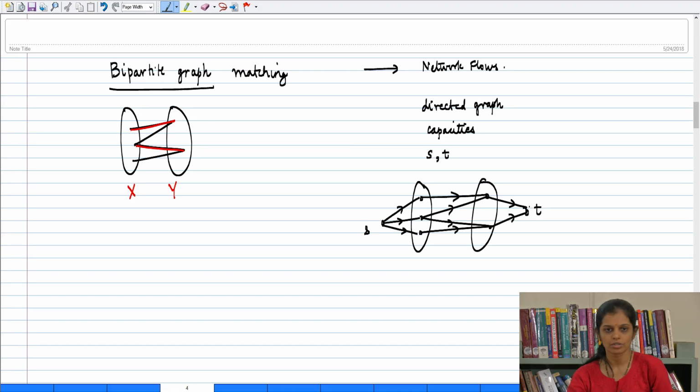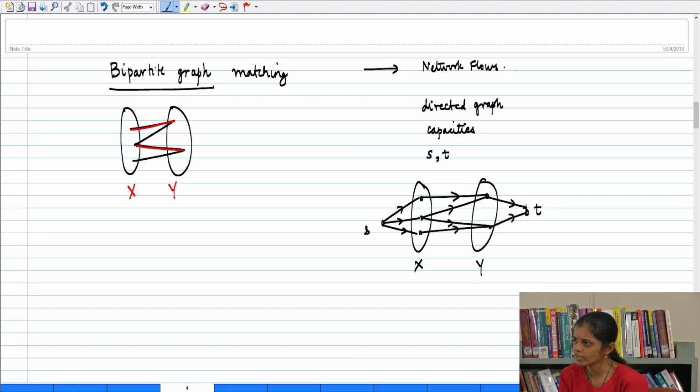Okay, this is my flow network. I have completely described the flow network except for the capacities, as I promised. So what I have done is, I have taken all the edges in the bipartite graph and directed them from one side to the other. Choose any side, but for once direct them from one side to the other, and then add two vertices S and T, and from S to every vertex in X you add a directed edge, and for every vertex in Y you add a directed edge from that vertex to T. Now what are guesses for capacities of these edges?